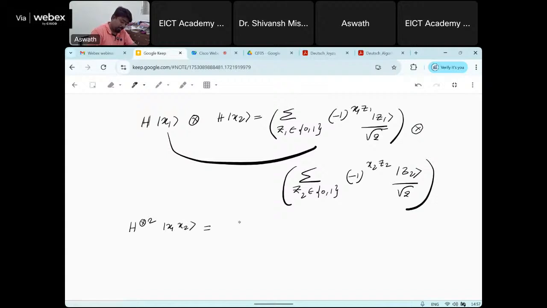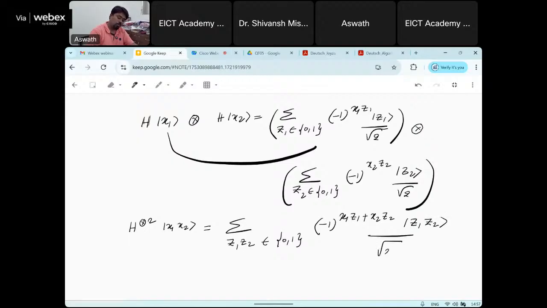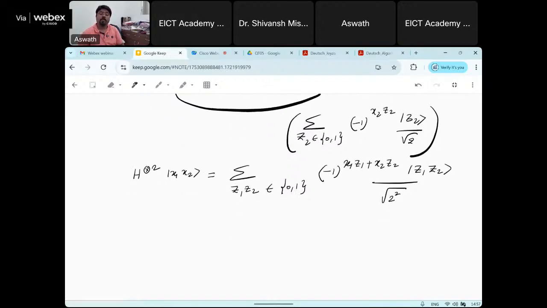See carefully, I'll put two summations together, z1 comma z2 both belonging to 0 comma 1, minus 1 to the power of x1 z1 plus x2 z2, z1 tensor z2 divided by 2 squared. So you see, this is very, very important.